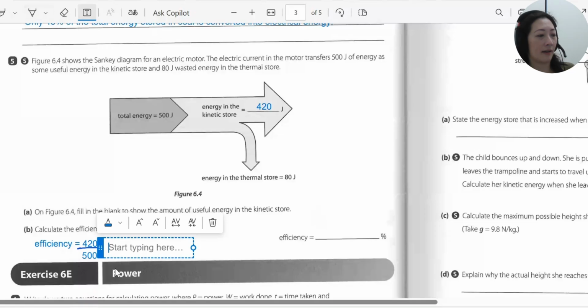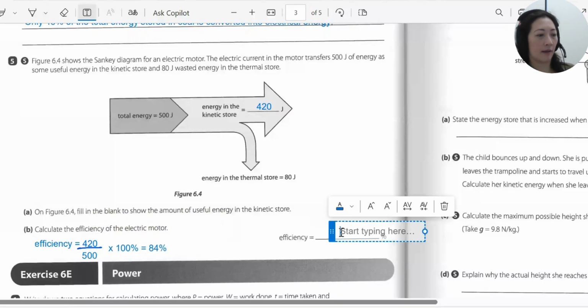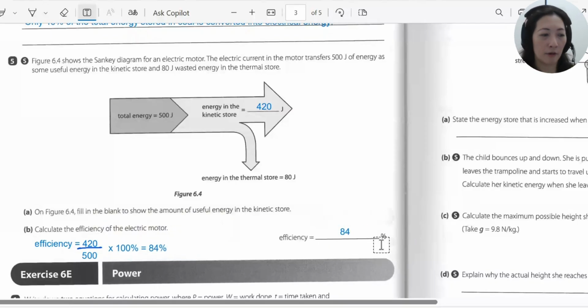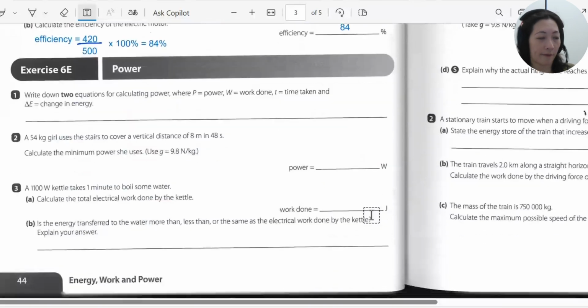Okay, and then this is, of course, times 100%. So when you calculate this, I'll calculate that real quick. You should get 84%. And that's the number we write in here, because there's a percentage sign here, so you just need to write the magnitude, which is 84. That's how you solve question 5.